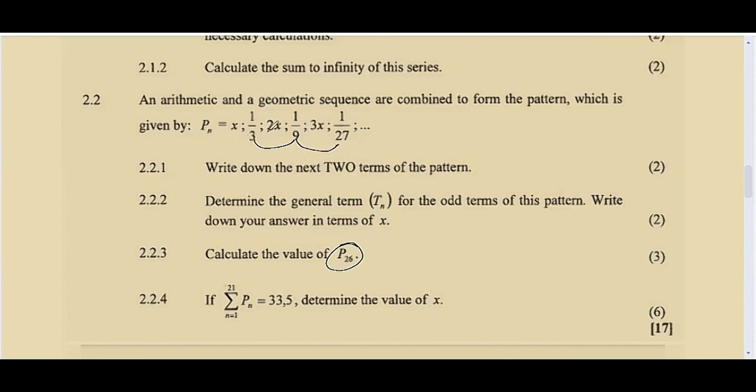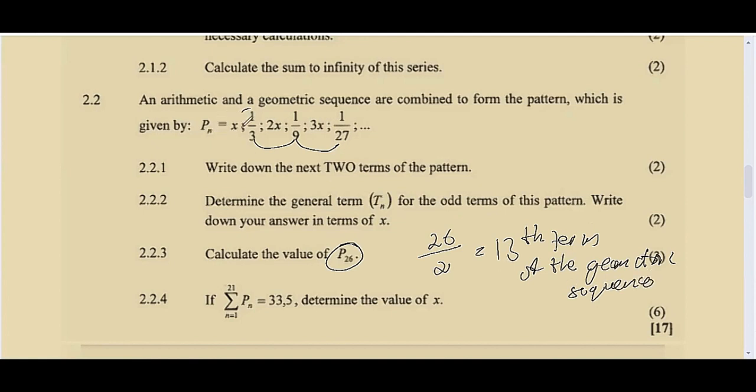So the terms in even positions, we would find that our P26 is actually 26 divided by 2. We'd find that in respect to the geometric series, P26 is actually the 13th term of the geometric series, right? Of the geometric series or sequence.